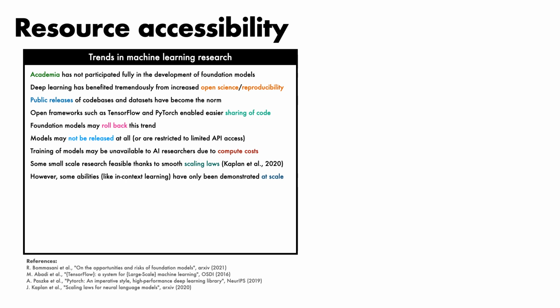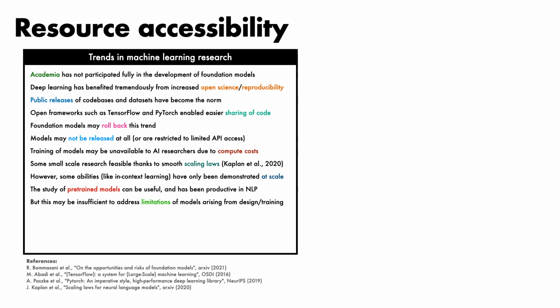It is certainly possible to focus research efforts on pre-trained models, and this has been quite productive in NLP, with a wide body of work building on top of BERT.